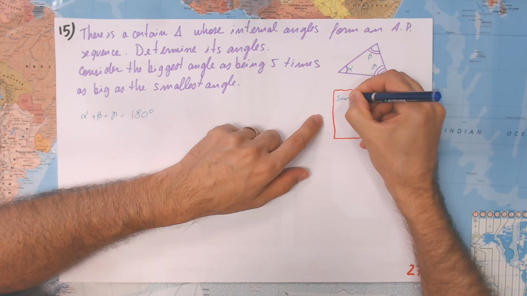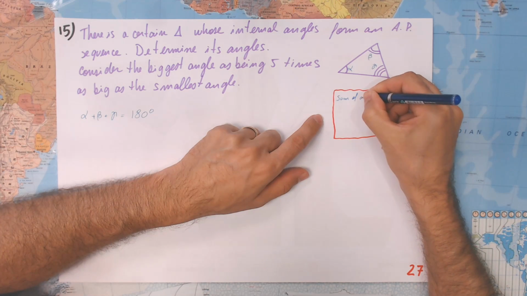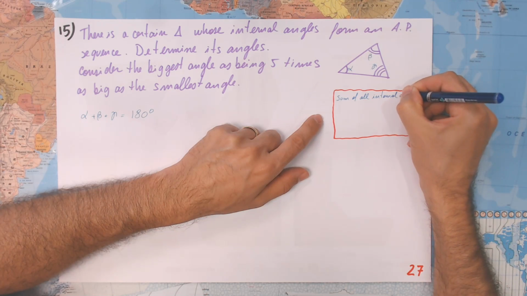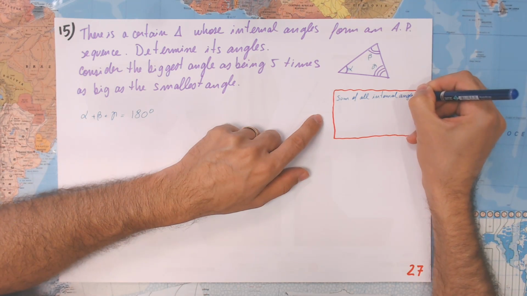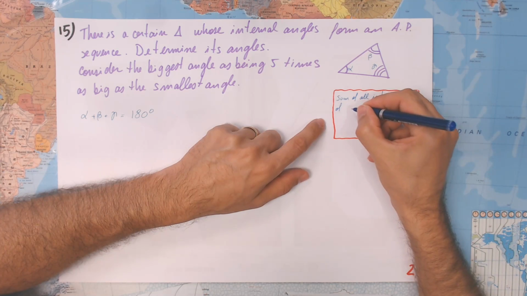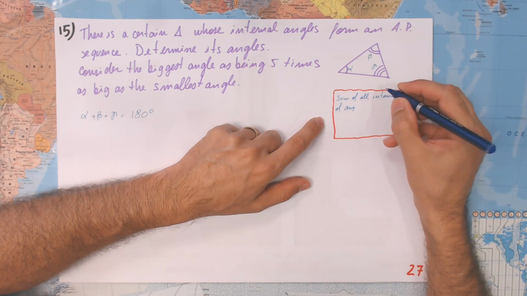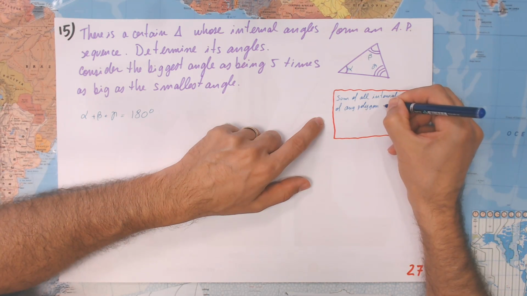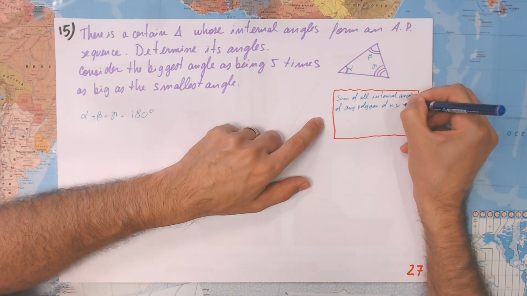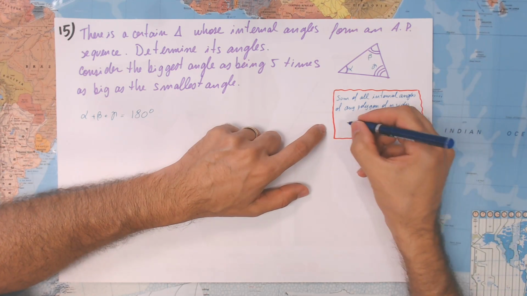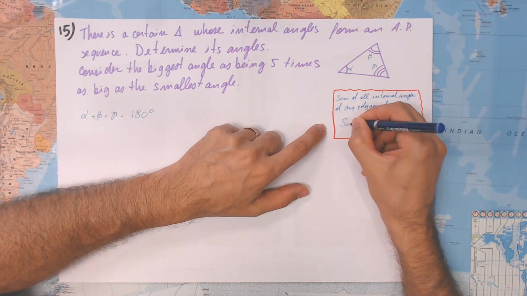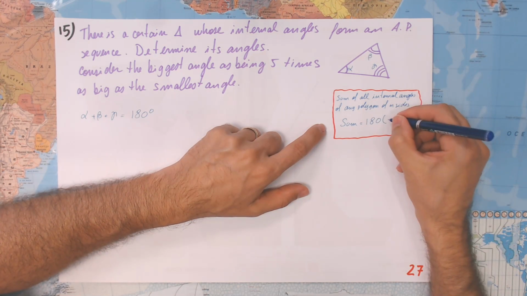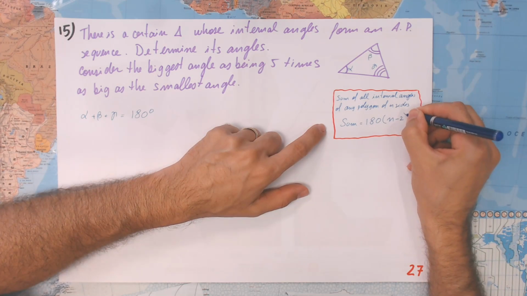The sum of all internal angles of any polygon of n sides is going to be 180 multiplied by n minus 2.